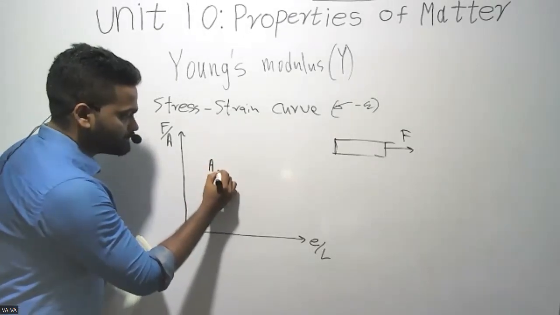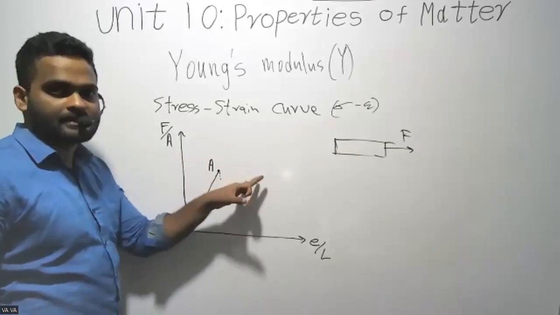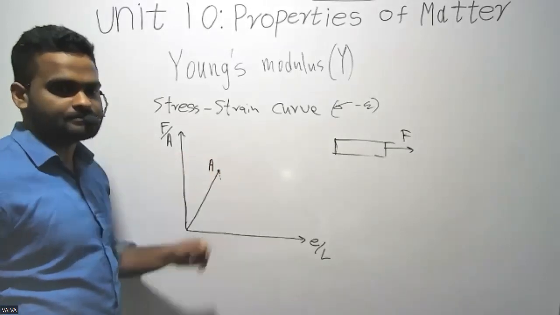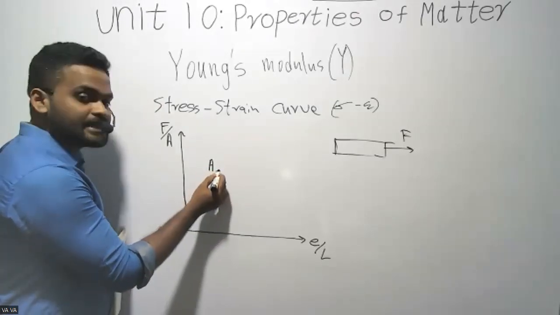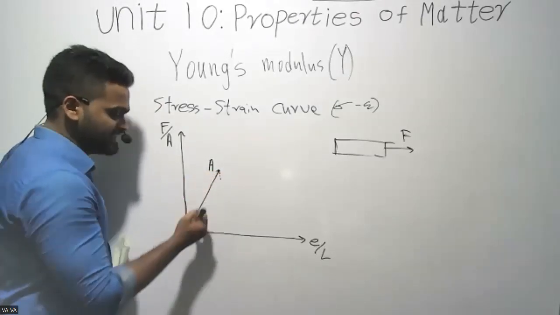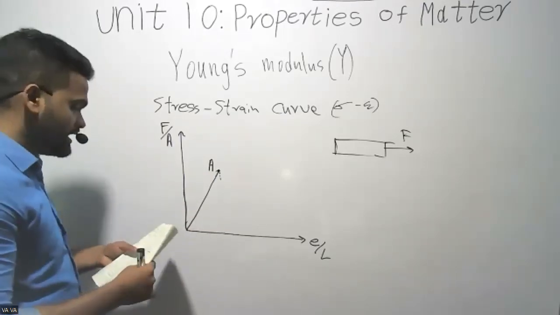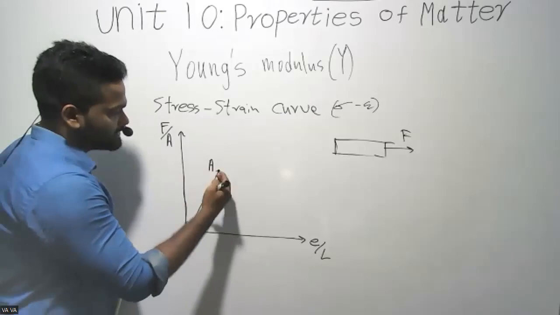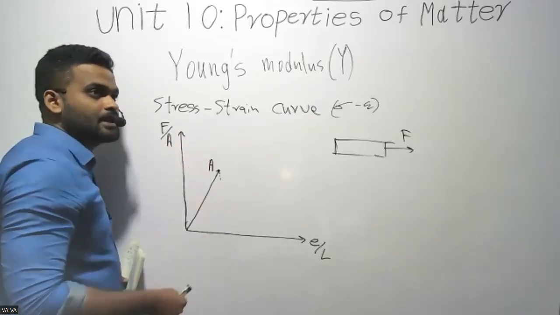It is linear up to a certain point. This could be made of any material. Linear means these two are proportional, right? Then let's say you are further applying the force.